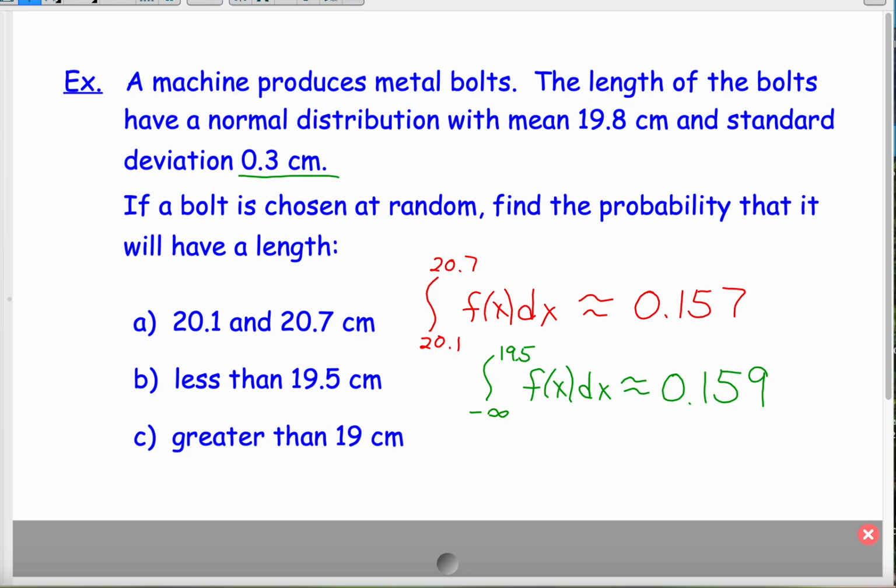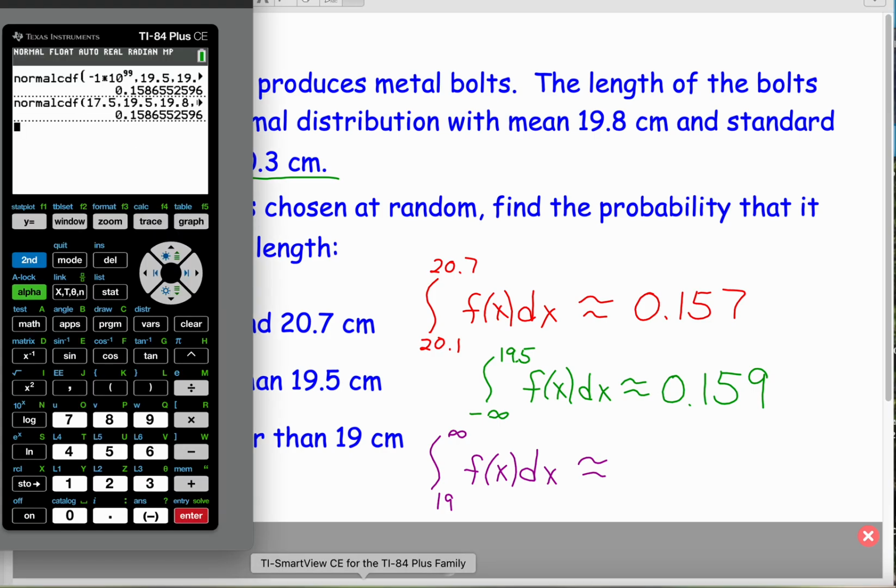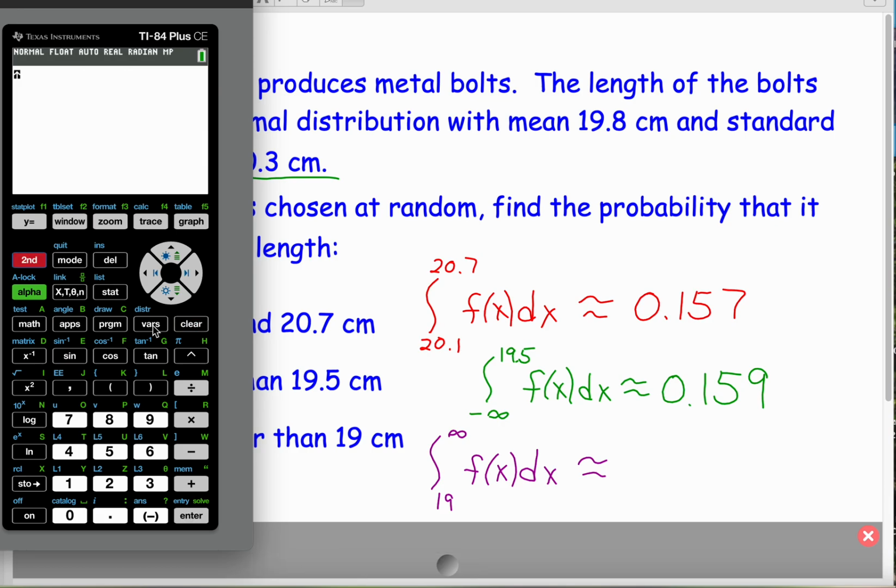All right, let's do the last one. Let's find the probability that it's greater than 19. Once again, this is going to be the integral from 19 to infinity, but I don't have to punch in infinity, as I just explained. Let's clear that so it doesn't confuse you, normal CDF.